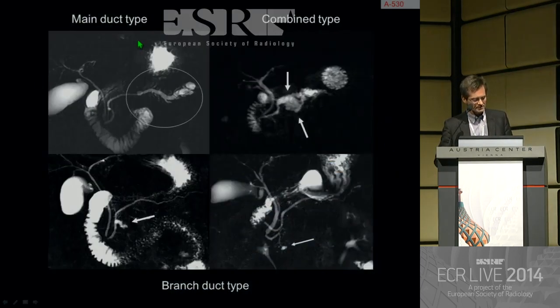Just a few examples here. This is a main duct lesion. This is a combined type lesion involving the main duct and the branch ducts. A very small lesion, and again a smaller lesion here related to the uncinate process duct in the head of the pancreas in a branch duct type.